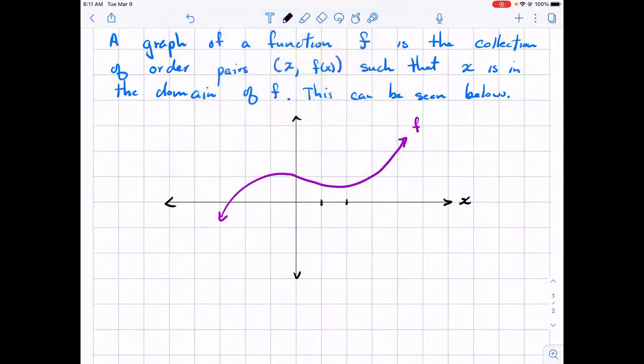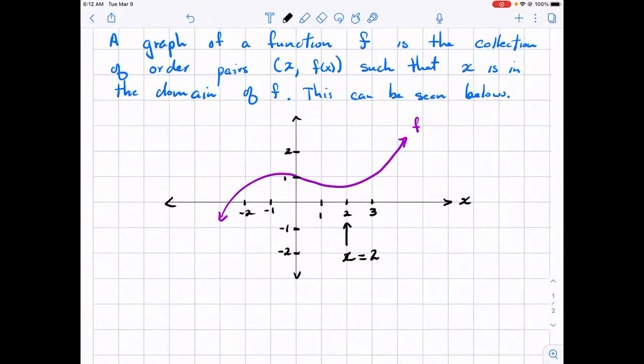If this is 1, this is 2, this is 3, and so forth. If we have an x value, let's say we pick some value here. This is x. So x is equal to 2 at the current moment.